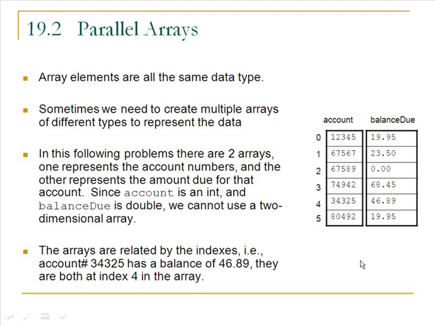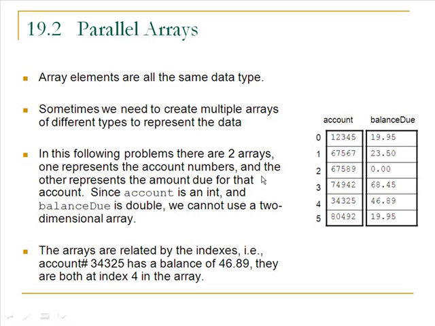I want to introduce the concept of parallel arrays. When you declare an array in C, each of the elements in the array must have the same data type. Sometimes you would want to have different kinds of data stored in an array, and you can't do that. You can instead create something called parallel arrays, where you have multiple arrays of different types of data.